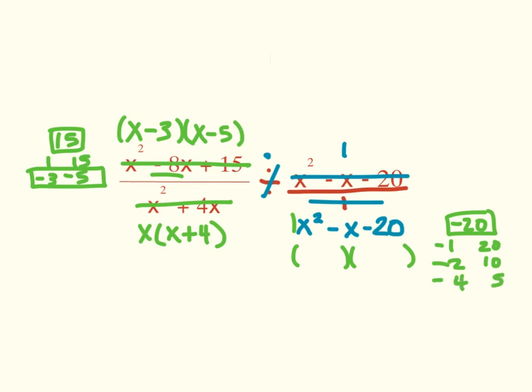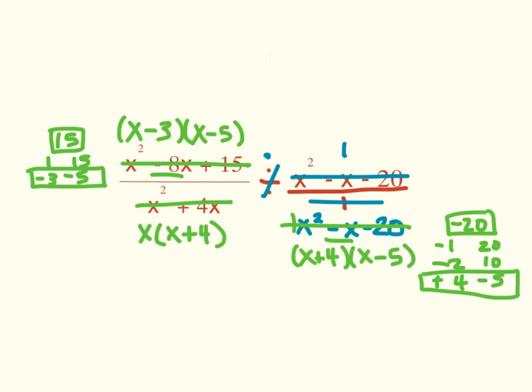And again, one of them has to be negative. So negative 4 plus 5 adds up to 1, but remember we need negative 1, so change the 4 to positive and the 5 to negative. So x plus 4, x minus 5, and we no longer need this expression.